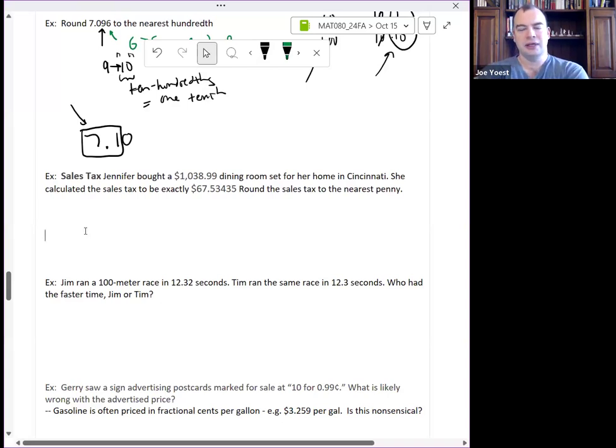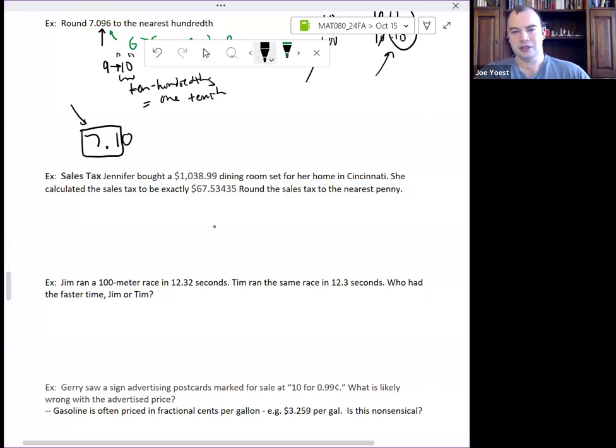Okay, and a couple practical examples here. Jennifer bought a dining room set costing $1,038.99. And you know that sales tax, if we say what's 7% sales tax on this amount, it usually doesn't come out to be a super nice number. It usually comes out to be a number like this with a whole bunch of decimal places.